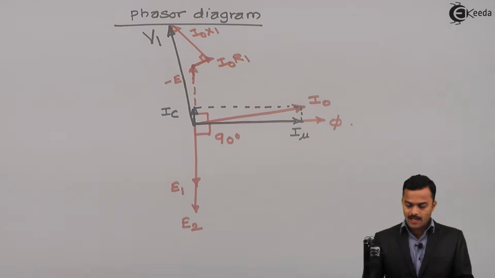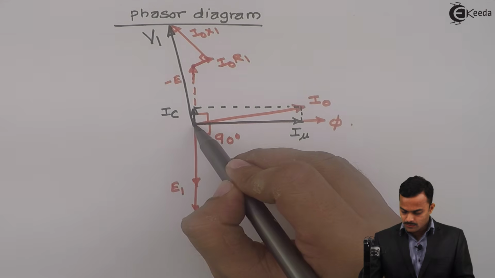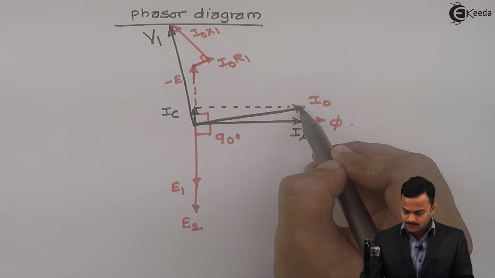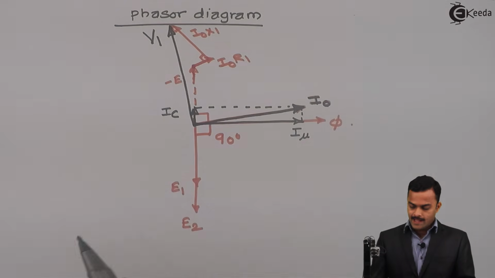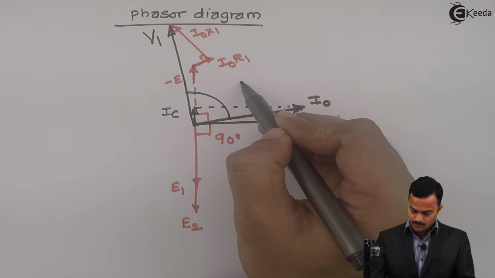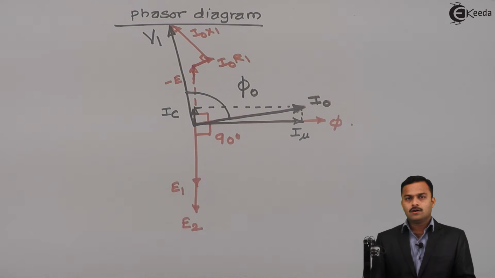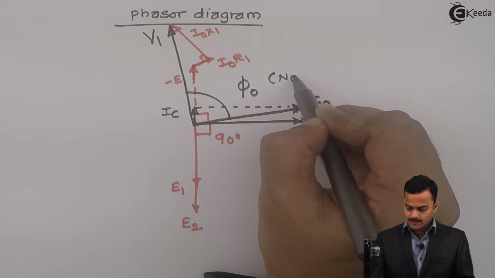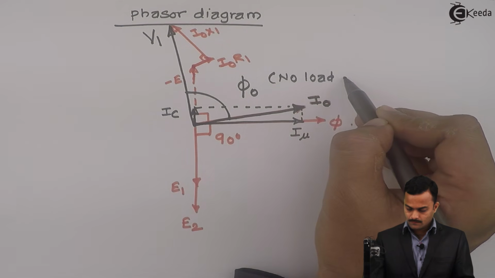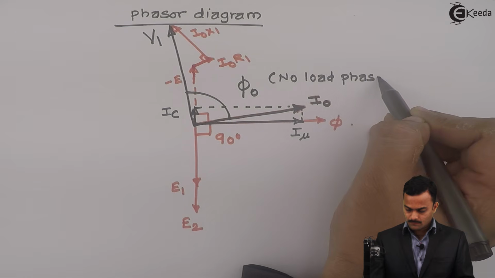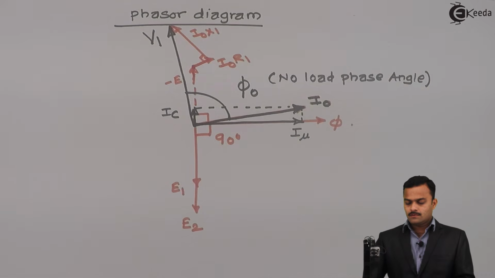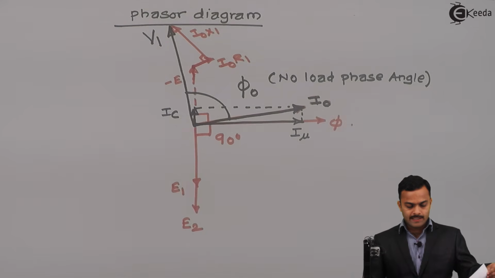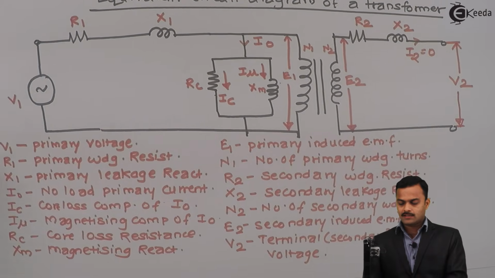So V1 is the primary voltage and I0 is the no load primary current, and the angle between them is phi 0, the no load phase angle. So here we developed a phasor diagram based on the equivalent circuit of a transformer at no load.